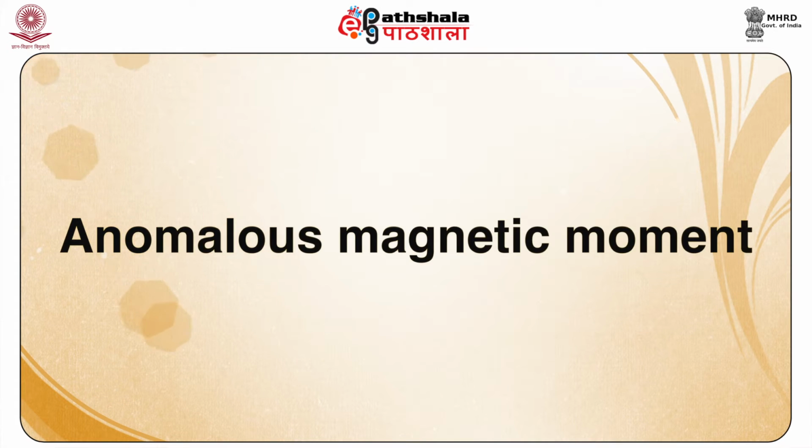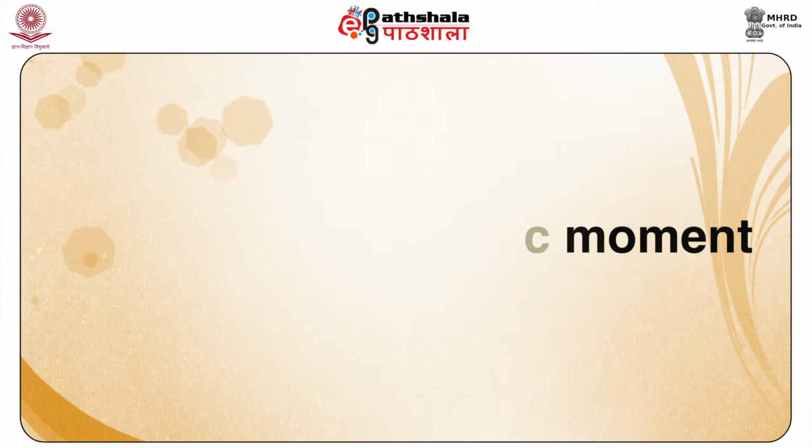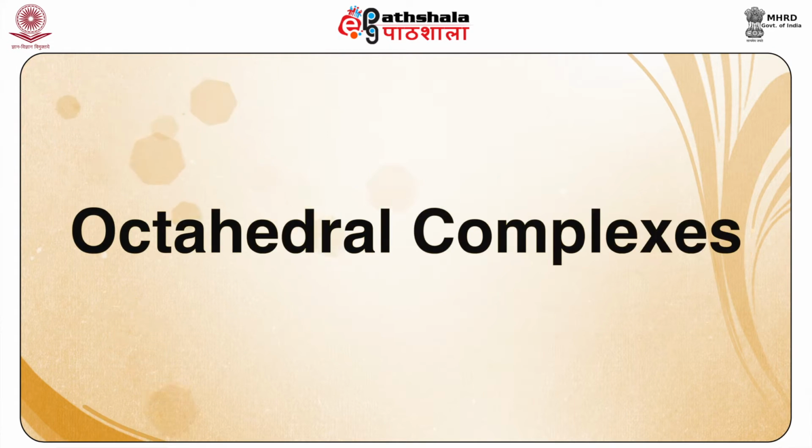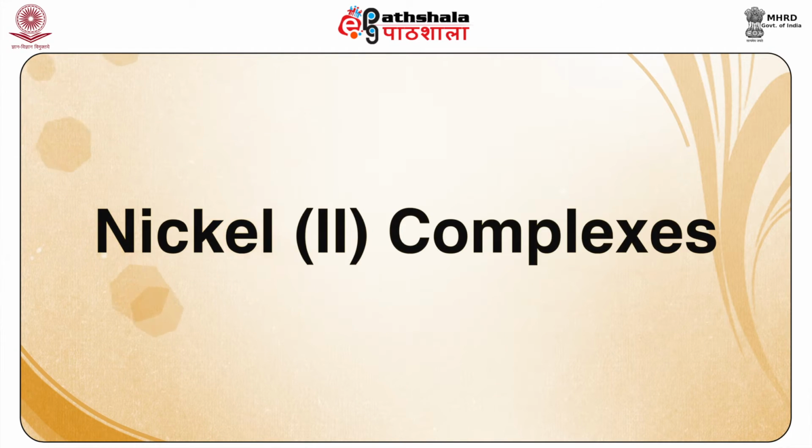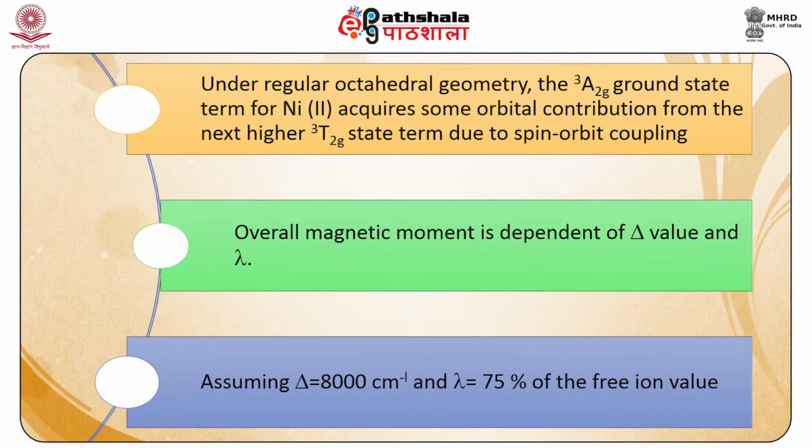Let us briefly understand the meaning of anomalous by taking some examples. Octahedral complexes, nickel 2 plus complexes. For nickel 2 plus, in a regular octahedral geometry, the 3A2g ground state term of nickel 2 plus acquires some orbital contribution from the next higher 3T2g state term due to spin orbit coupling.